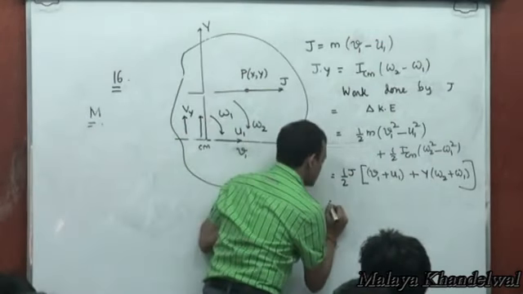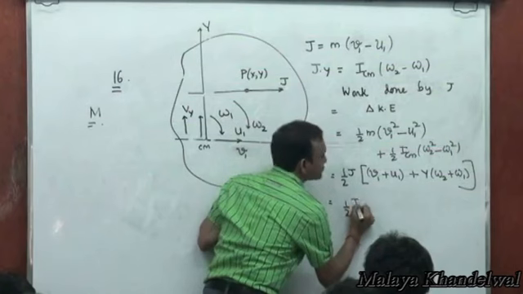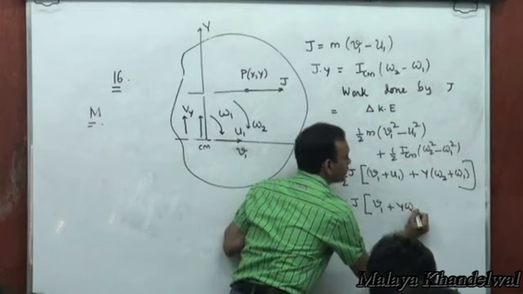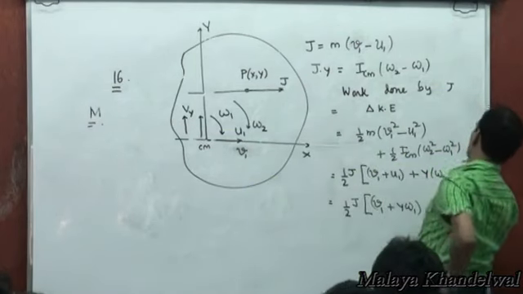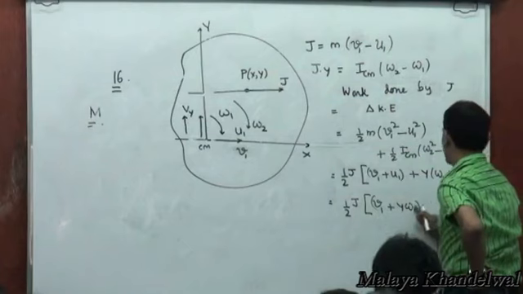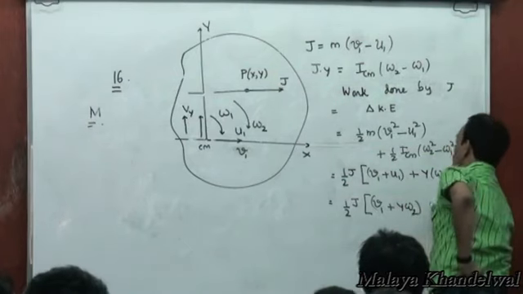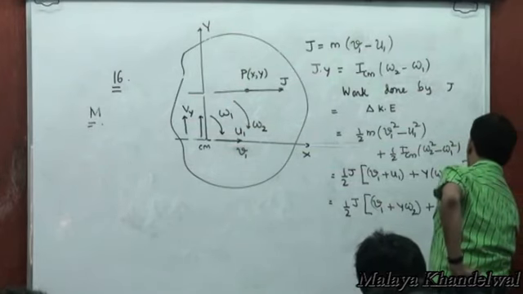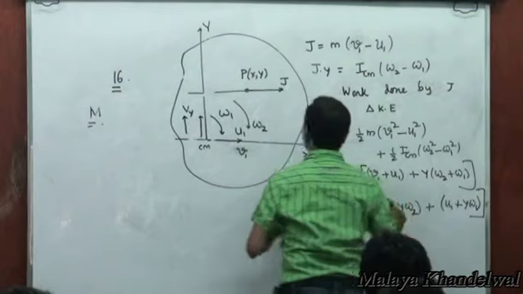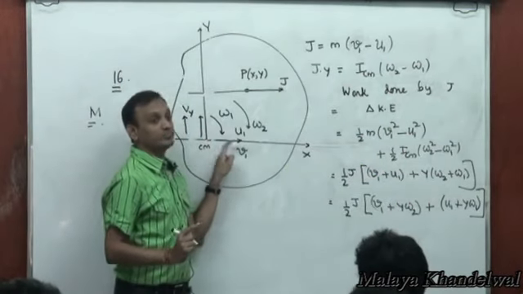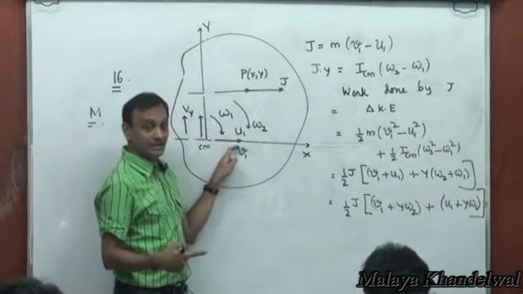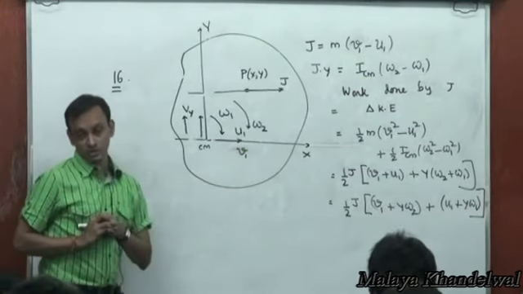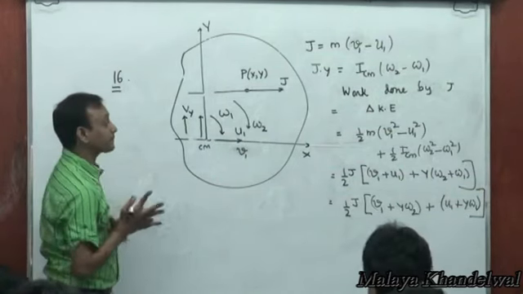This I can write as half of J into (v1 plus y omega 1 ... plus y omega 2). u1 and v1 are the velocities of the center of mass in the x direction before and after the application of the impulse. Omega 1 and omega 2 are the initial and final angular velocities, right?